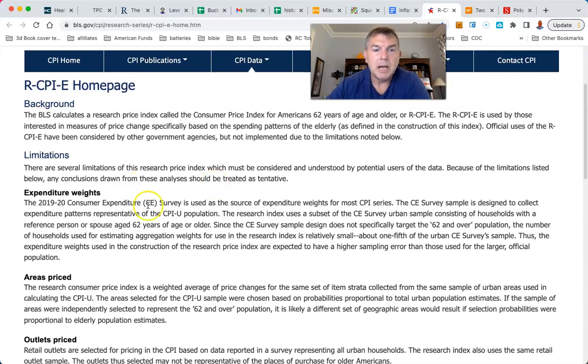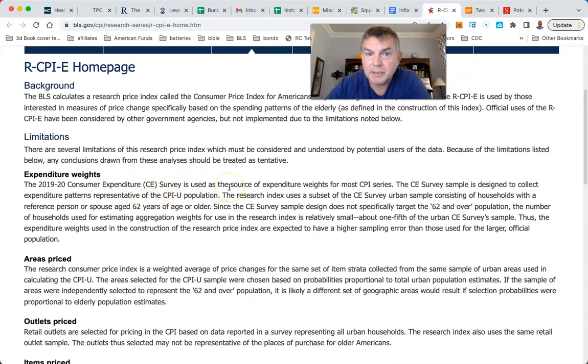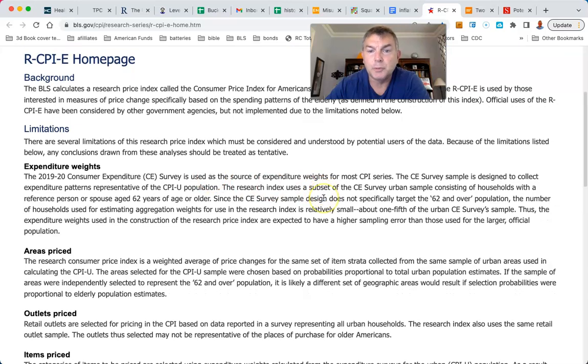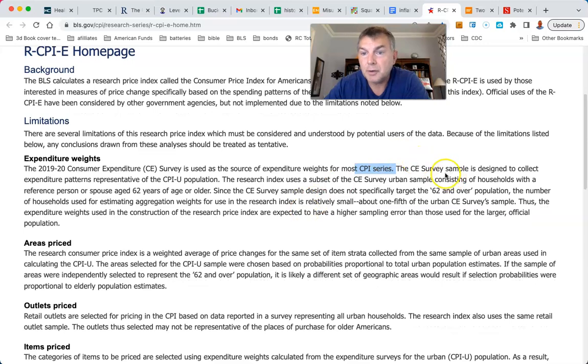The Consumer Expenditure Survey is used as a source of expenditure weights for most CPI series. CPI is inflation data. Where are they getting that weight from? That's the Consumer Expenditure Survey. The CE survey sample is designed to collect expenditure patterns of the representative population. CPI-U covers 92% of the United States population.